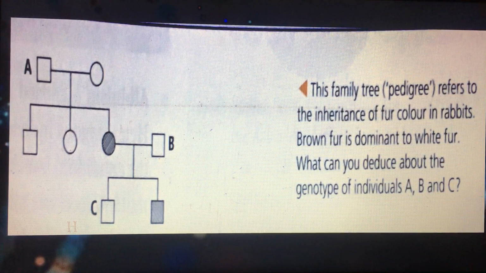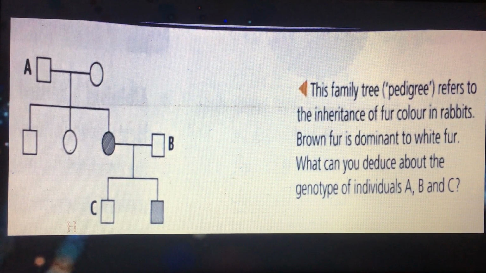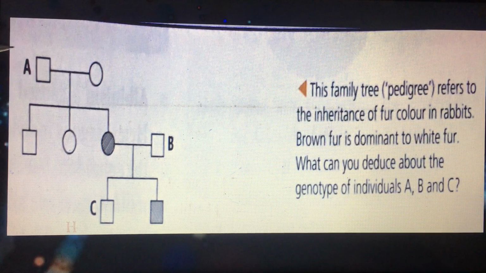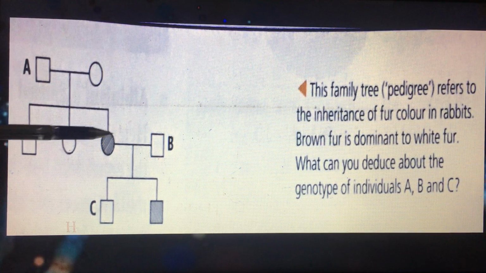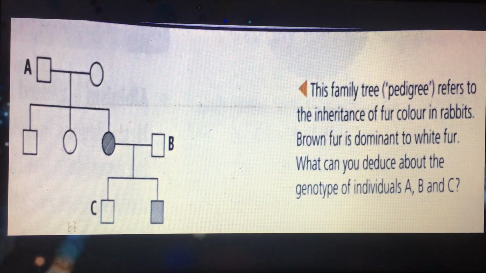So during fertilization, after making the gametes, they connect and fuse together to produce B capital B small, and to produce B small B small. So it must be B capital, B small, because he has brown fur but can pass on the B small allele to one of his daughters.